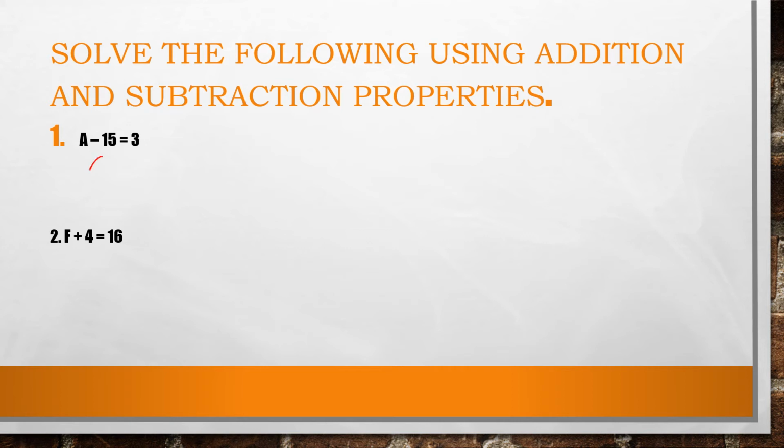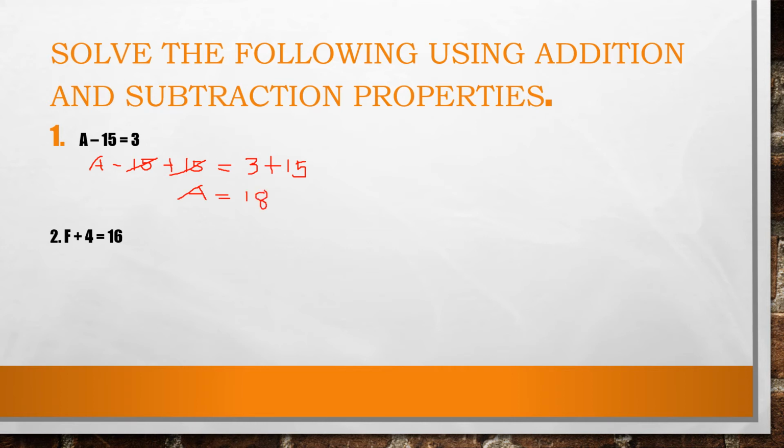So a minus 15 plus 15 is equals to 3 plus 15. Okay, so cancel this. A is equals to 18.